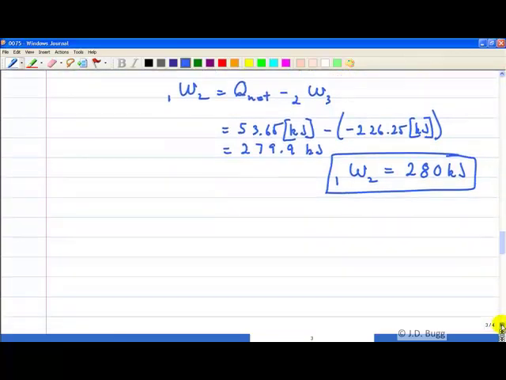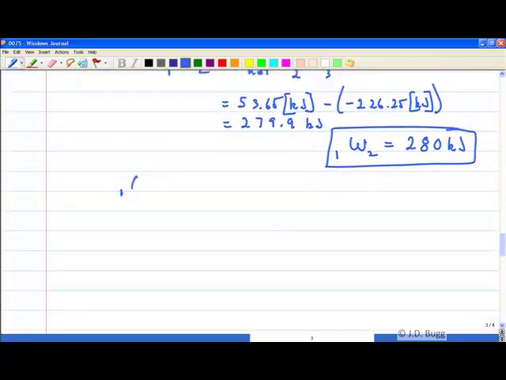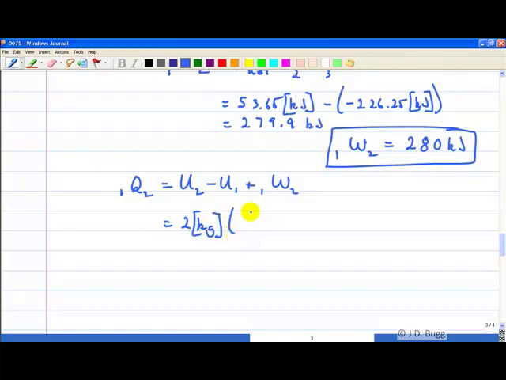And then finally, just back to the first law to get the heat transfer from 1 to 2. So we'll restate that here. And now we have all of these numbers from our previous work. So put those in. 2 kilograms still.